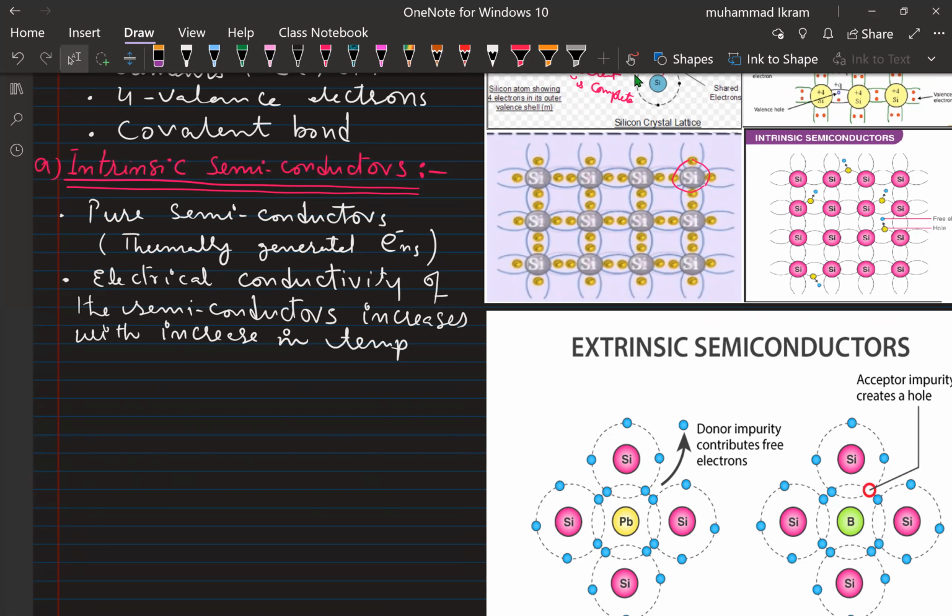They have a covalent bonded structure and 4 valence electrons.